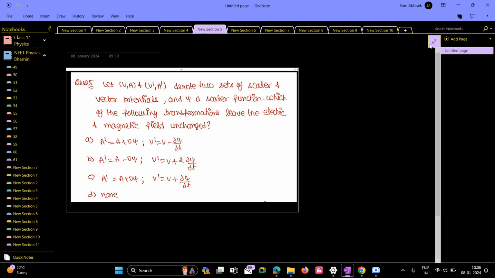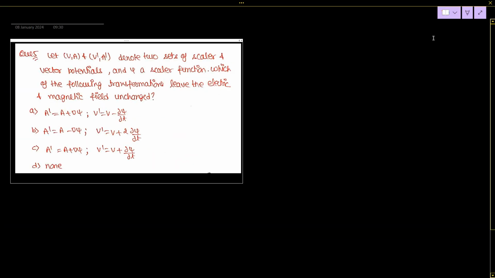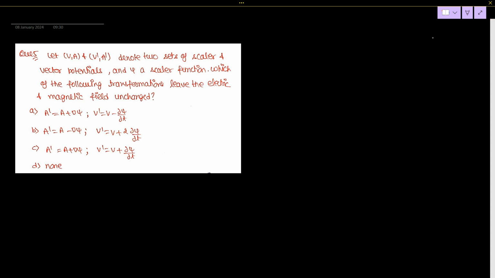Okay, next question is this. Let V, A and V dash, A dash denote two sets of scalar and vector potential. V and A, this is your scalar potential, and this is vector potential.